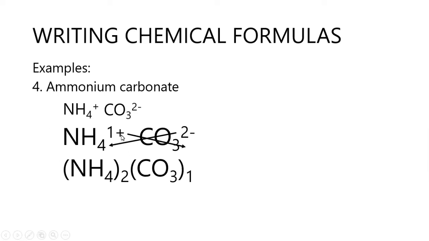Ito ay para sa buong ammonium ion. Ganon din po kay carbonate. Ang 1 ay mapupunta sa buong ion, hindi lang kay oxygen. Pero since hindi na natin sinusulat yung 1, yan ay magiging (NH4)2CO3. So pwede na natin tanggalin yung parenthesis kasi siya ay 1 lang naman.